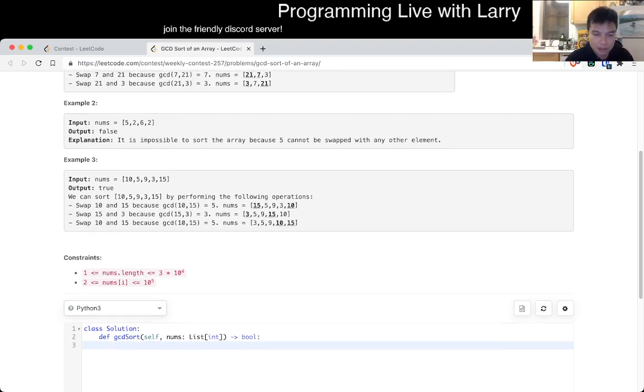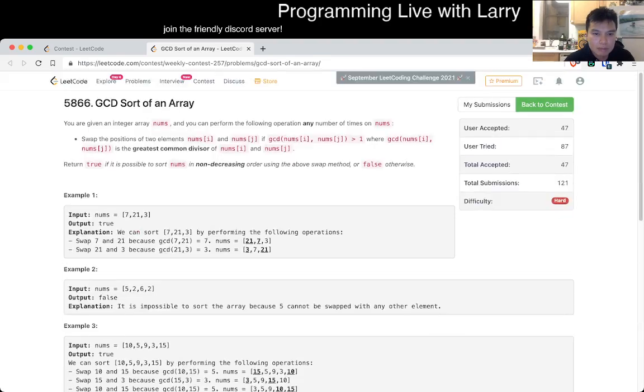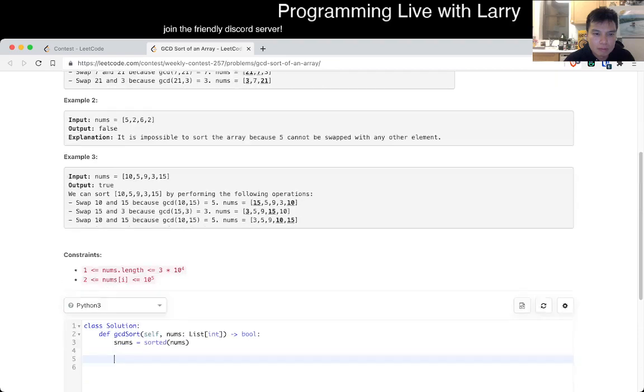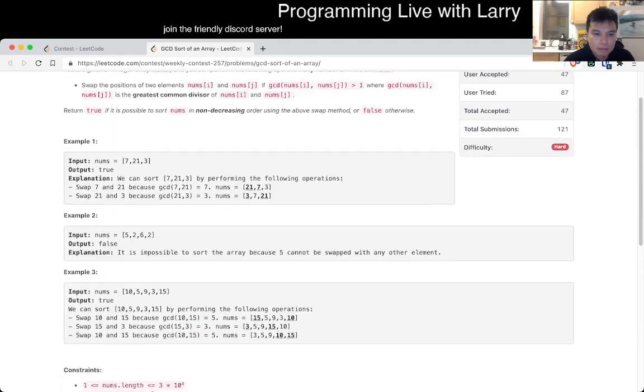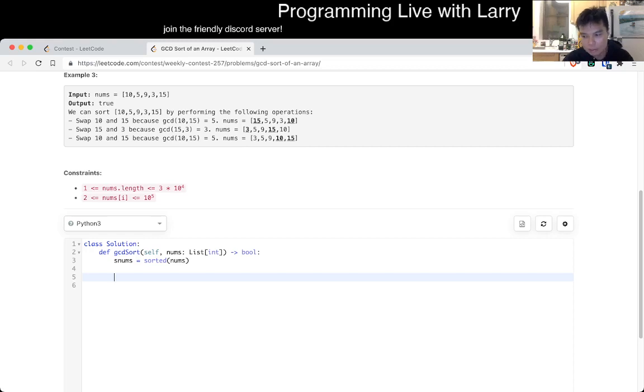So sorted array, or sorted answer maybe? Sorted answer is equal to a copy of this, or we just sort it actually. Let's go to s nums for sorted nums. And then now we factor every number, and okay, so then union find.